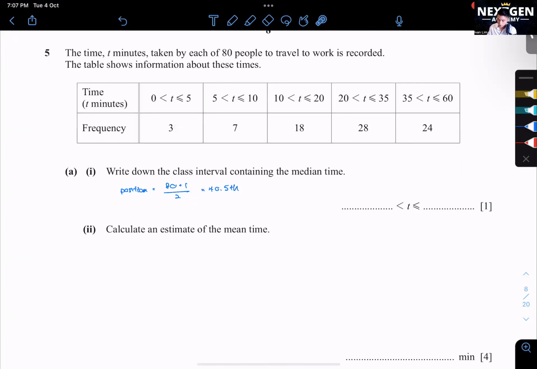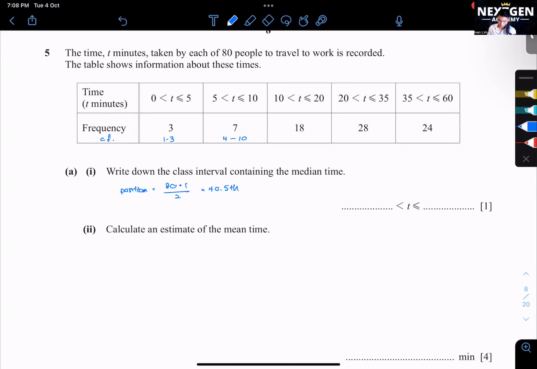So you see this one, 3 to 7. In terms of position, we do the cumulative frequency. I wrote it down here. This is basically your 1 to 3. Then 4 to 10, you just plus 7.